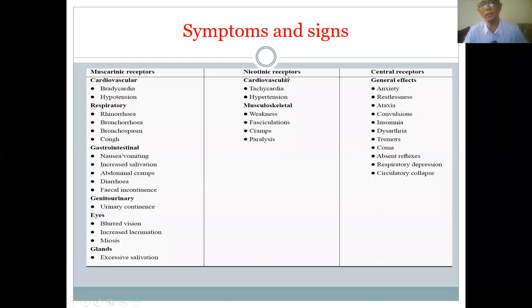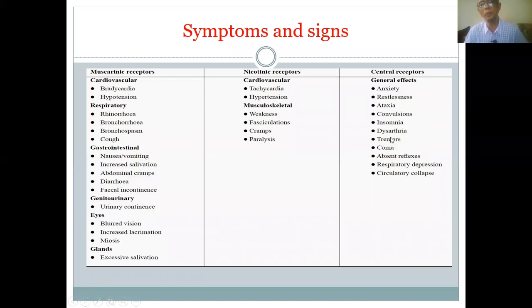In case of nicotinic features, in the cardiovascular system you will get tachycardia, hypertension. In the musculoskeletal system, you will get weakness, fasciculation, cramps, and paralysis. In case of CNS features, you can get anxiety, restlessness, ataxia, convulsion, insomnia, dysarthria, tremor, coma, absent reflexes, respiratory depression, and circulatory collapse.